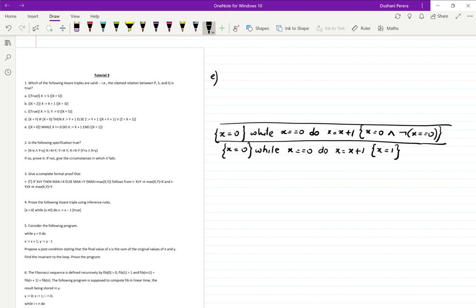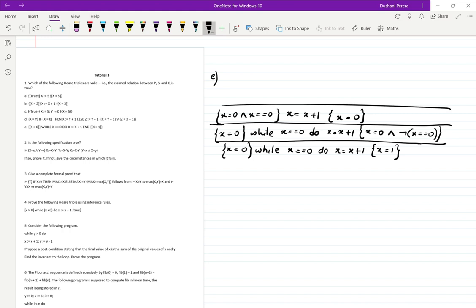Then what do we have in the rule for while? We have P and C, S, P. So we have P and C, S, P.